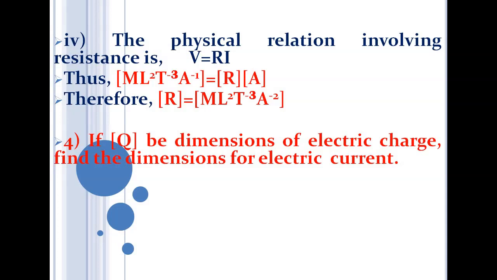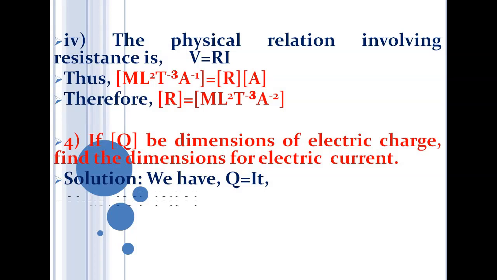If Q be the dimension of the electric charge, find the dimensions of the electric current. Sometimes dimensions may be mentioned in the question. If not mentioned, we choose seven different base quantities as the base dimensions. So in this case Q itself is given as a dimension. Then what will be the dimension of the electric current? Q equals IT, the basic relation.